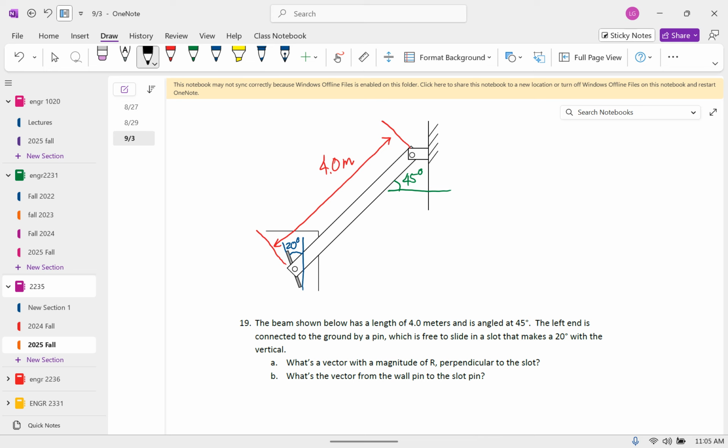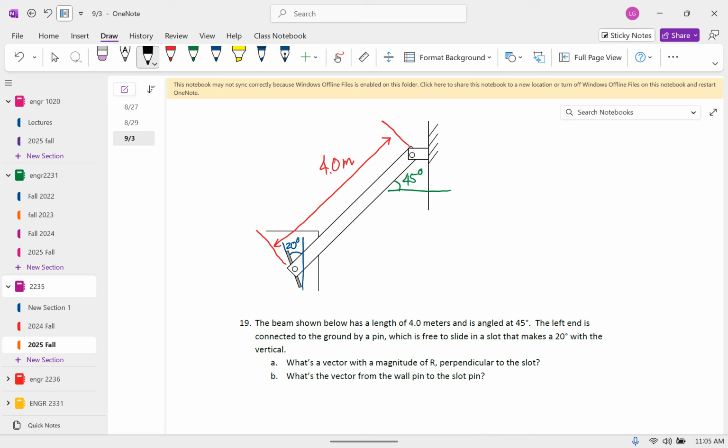And so the first thing we want is to come up with a vector that's perpendicular to the slot. This is actually going to be really useful for us because the force that the slot applies to the pin, what's attached to it, is going to be perpendicular to the slot.